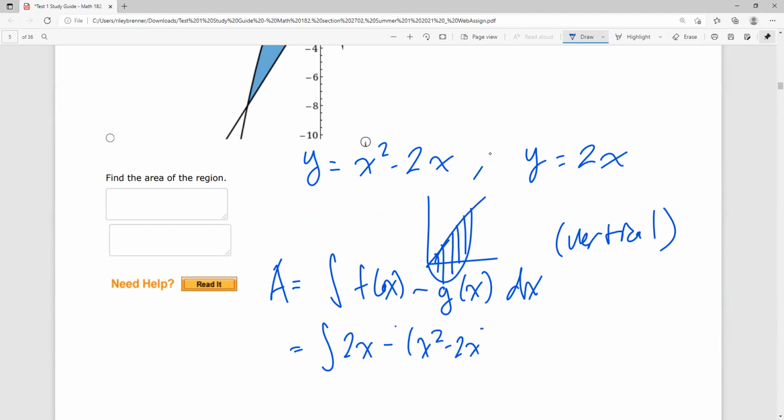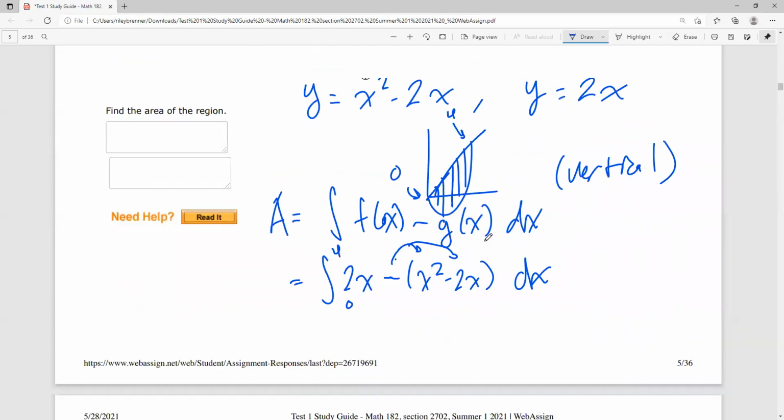So don't forget to put parentheses around it so that you don't forget you have to distribute this negative sign later on, right? And if we remembered, when we set the equations equal to each other, we found that the points of intersection were from 0 to 4, right? So our integration bounds will be from 0 to 4. So here's our integral. That'll calculate the area.